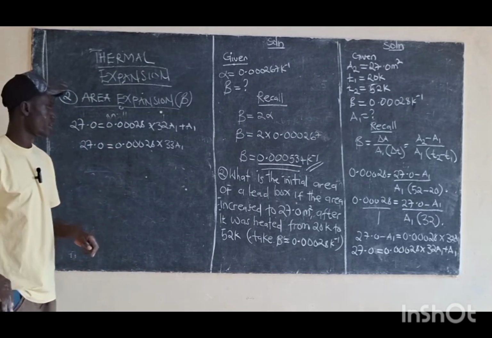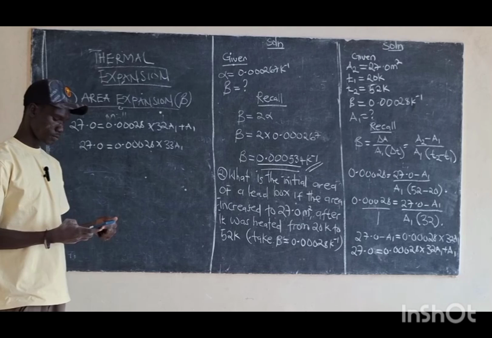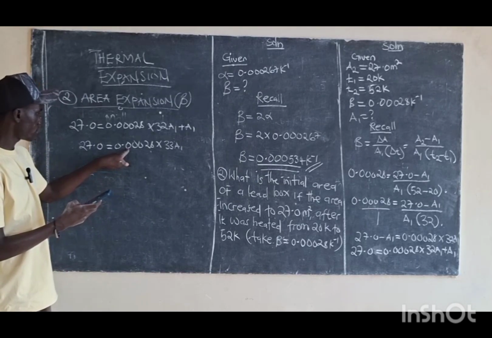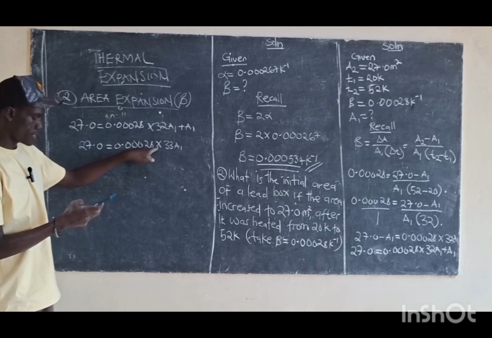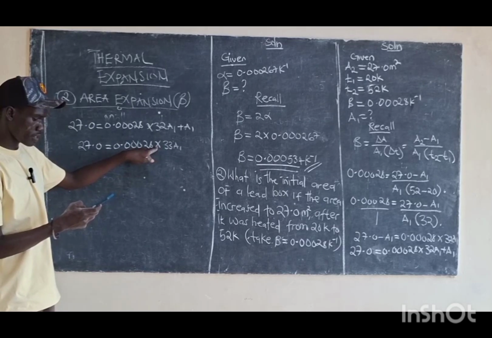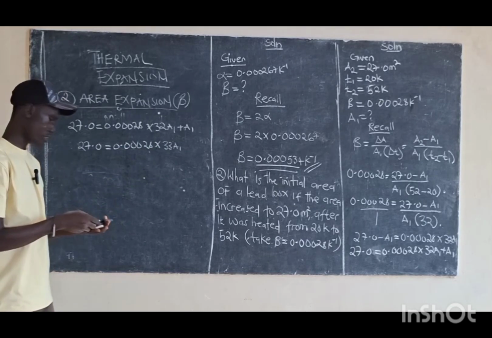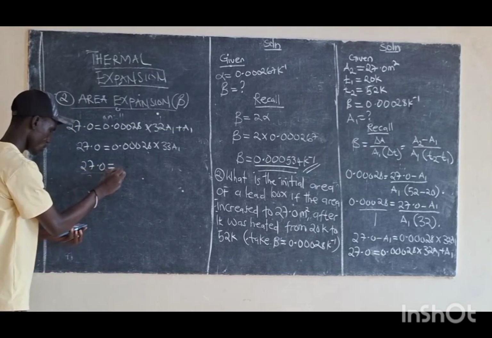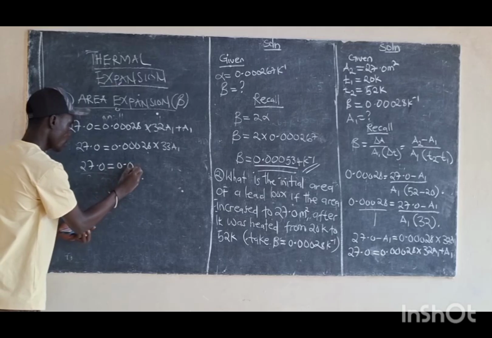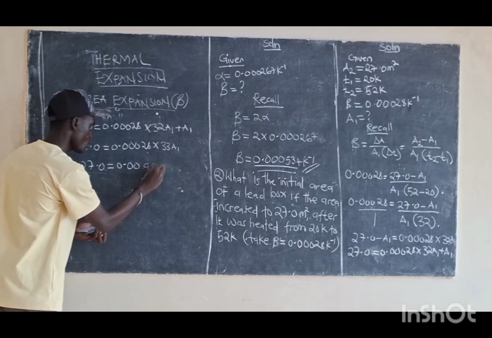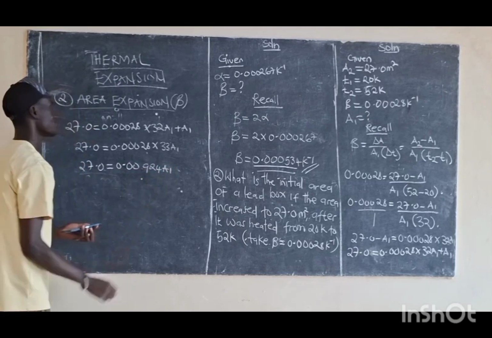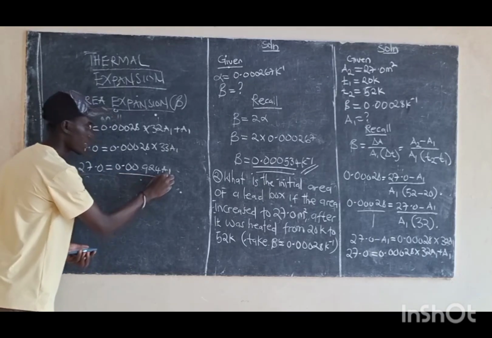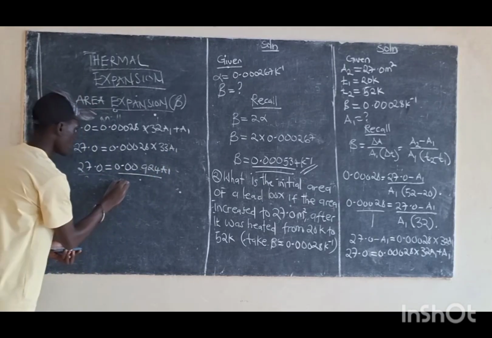If you multiply 0.00028 times 33, we get 27.0 equals 0.00924 A1. Now from here, we divide both sides by 0.00924, so that we make A1 our subject.